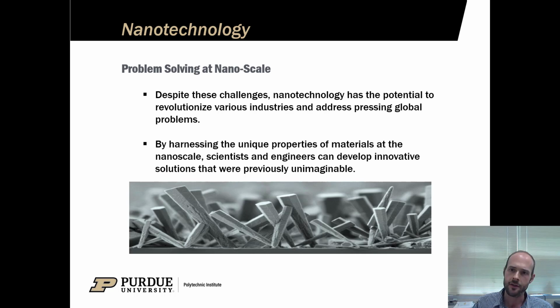But despite these challenges, nanotechnology does have potential to revolutionize various industries, give us a lot more and newer functionality. The reason is, when we solve a problem at nanoscale, we can now repeat that a million times to get a batch big enough to create a new solar cell or coat a car so that the paint lasts longer and is more robust under various conditions.